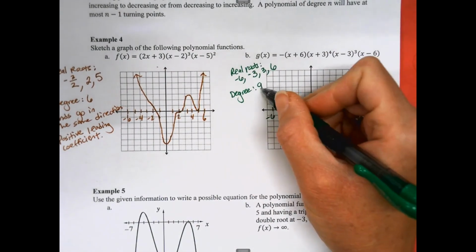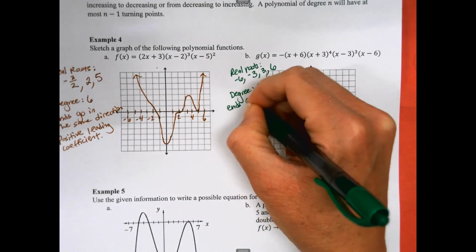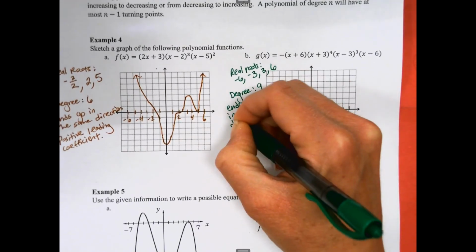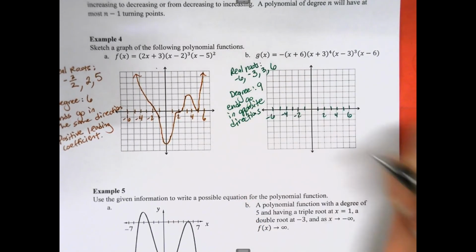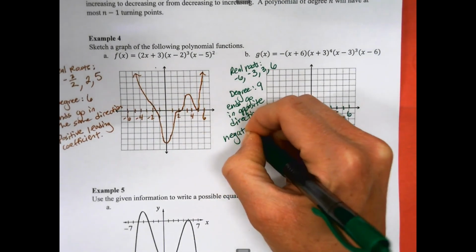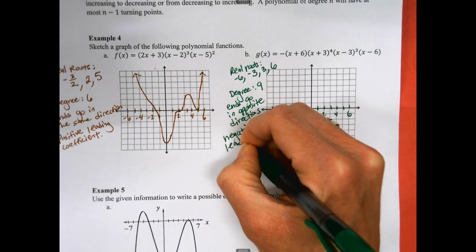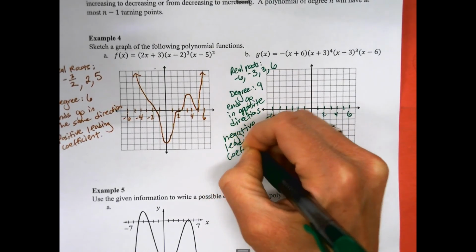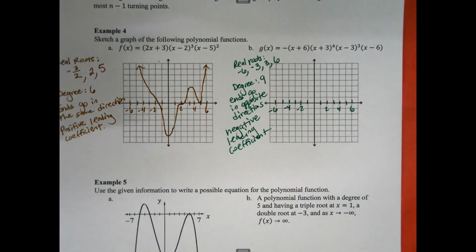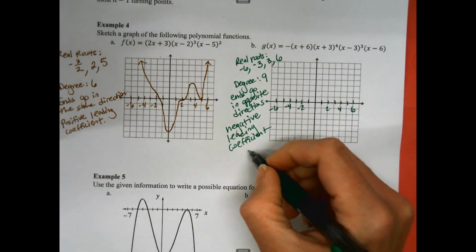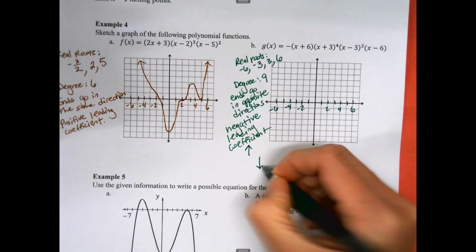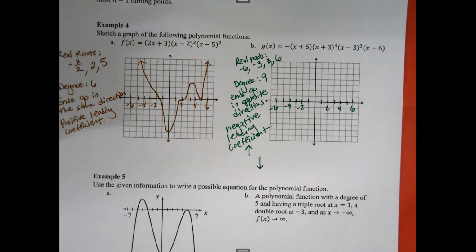Since it is an odd degree, the ends go in opposite directions. And we have a negative leading coefficient. So therefore, we know that it's going to be going up on the left-hand side and down on the right-hand side. So our graph is going up on the left and down on the right since it's negative.